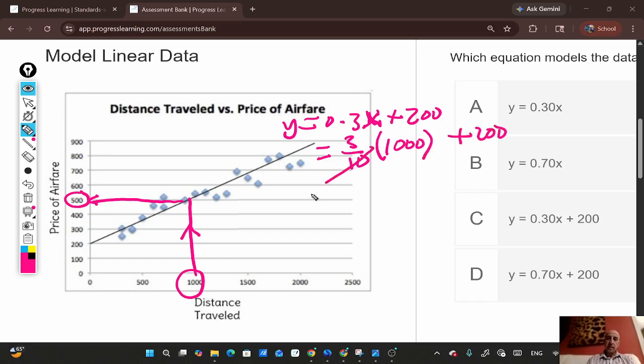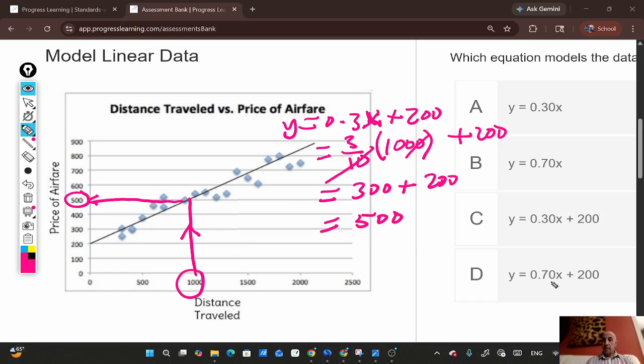We can cancel the 10 with the 0, so 3 times 100 is 300, plus 200, which is equal to 500, and it's a reasonable answer.